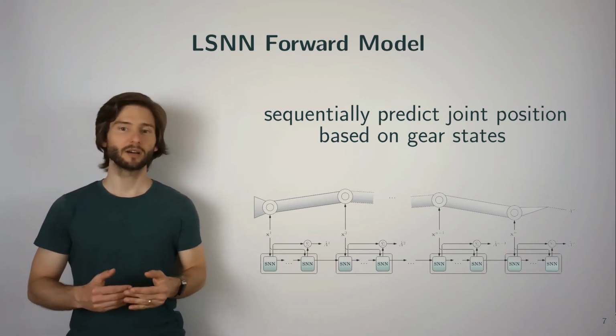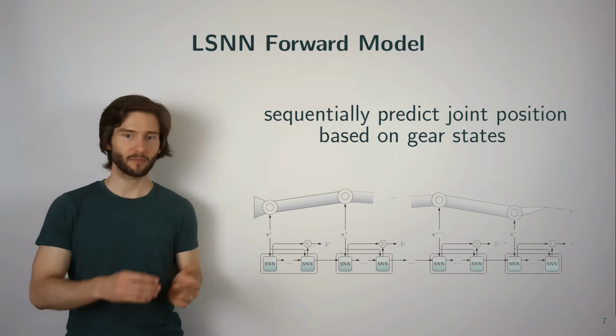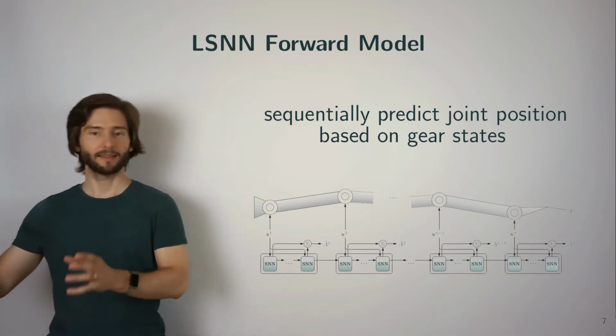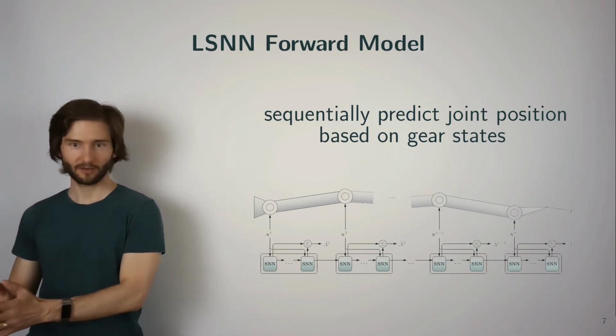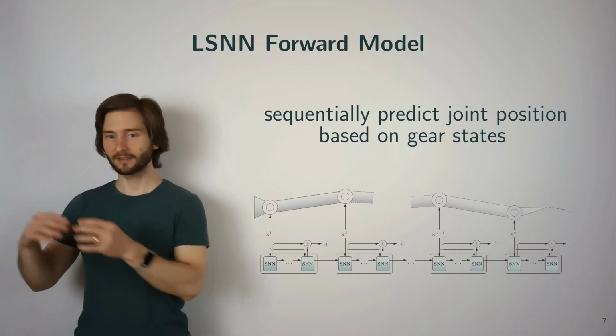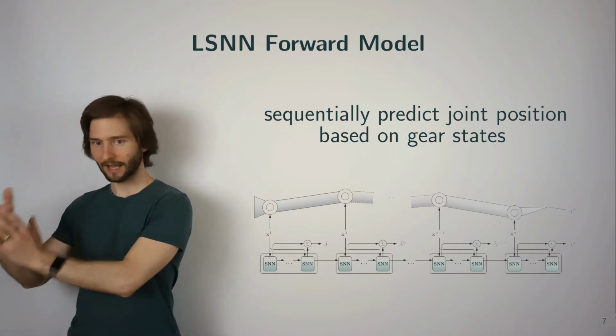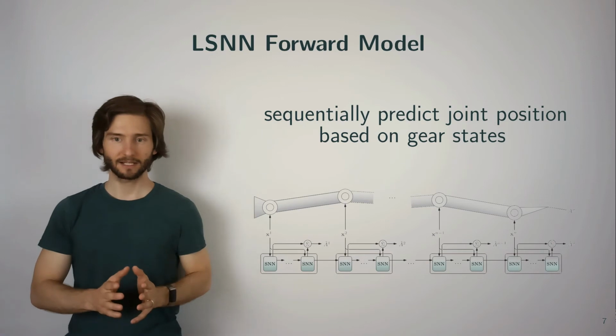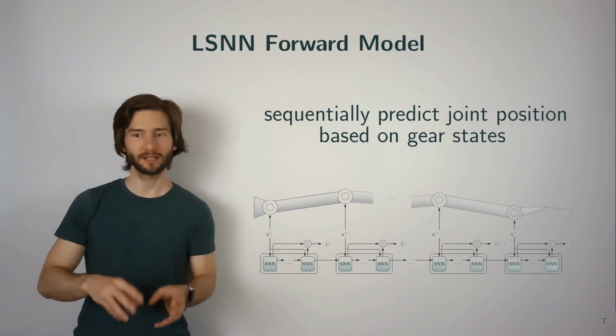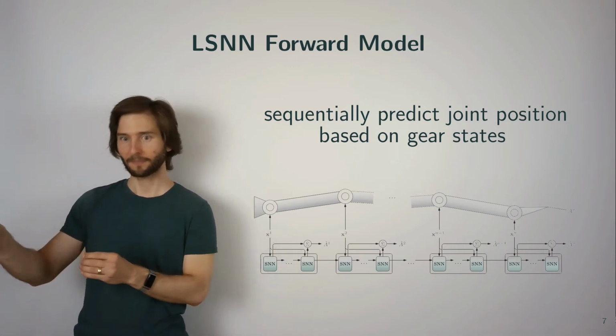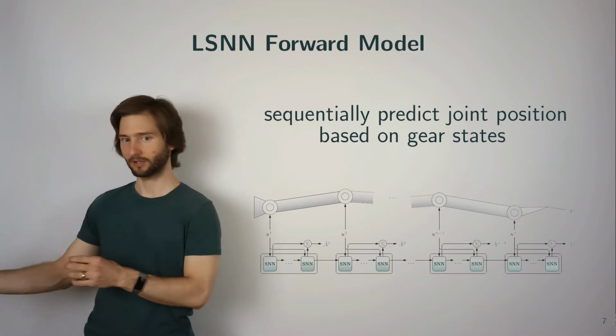And here we now predict the position of the end effector based on the current gear states. And now, in contrast to the training procedure, where we would backpropagate the discrepancy between the predicted position and the actual position, instead we now compute the error between the predicted end effector position and a target end effector position.